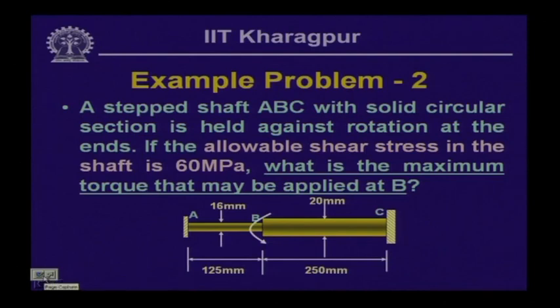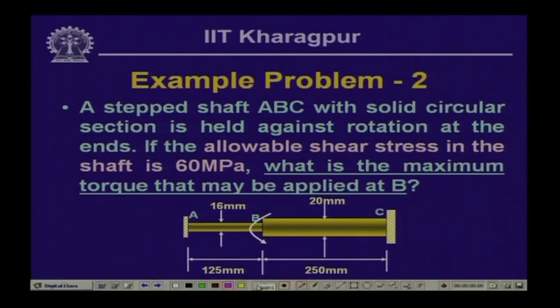Well, let us look into this second example, which is of the category which we have discussed today, an indeterminate system. Now, you have a shaft A, B and C, with solid circular section.